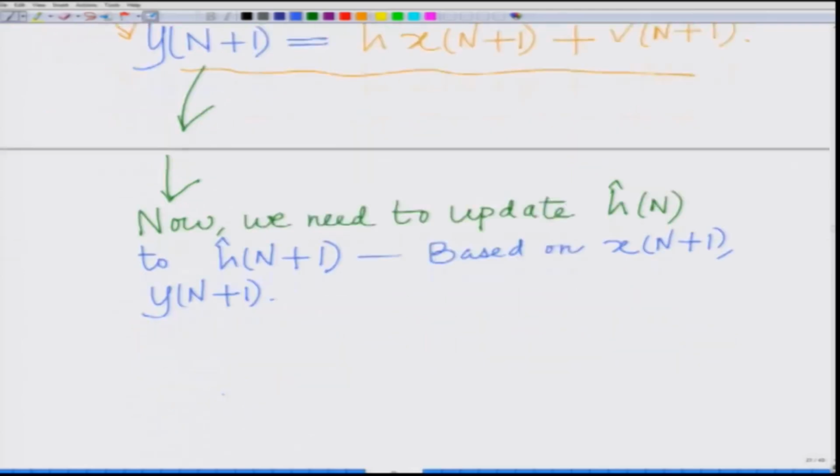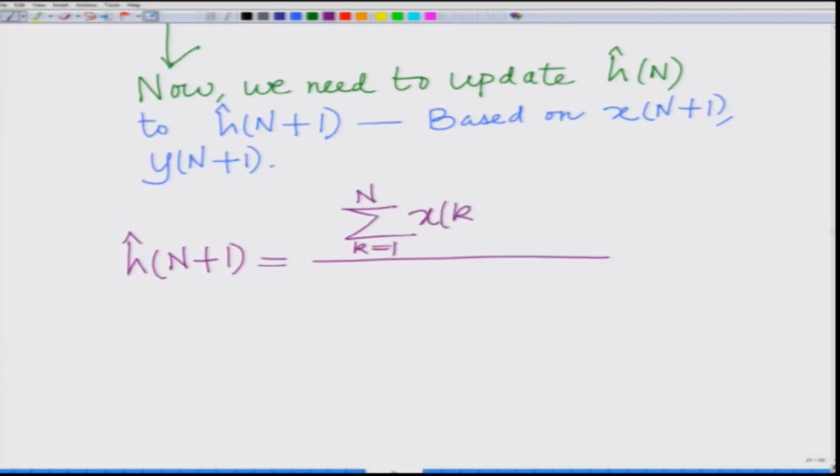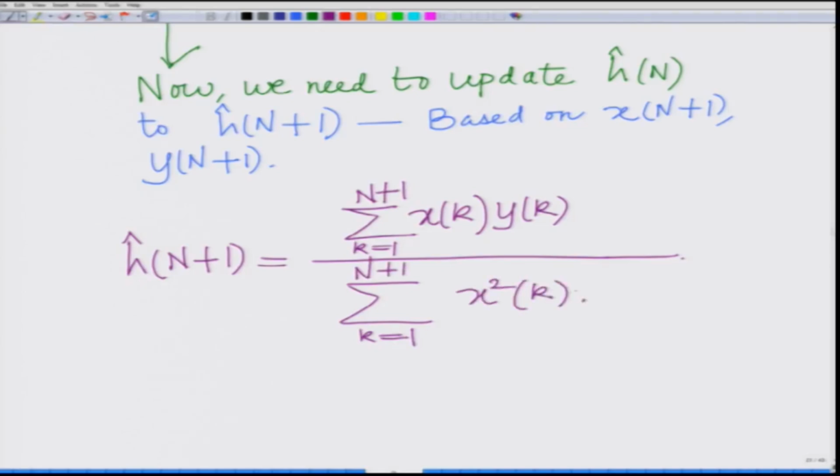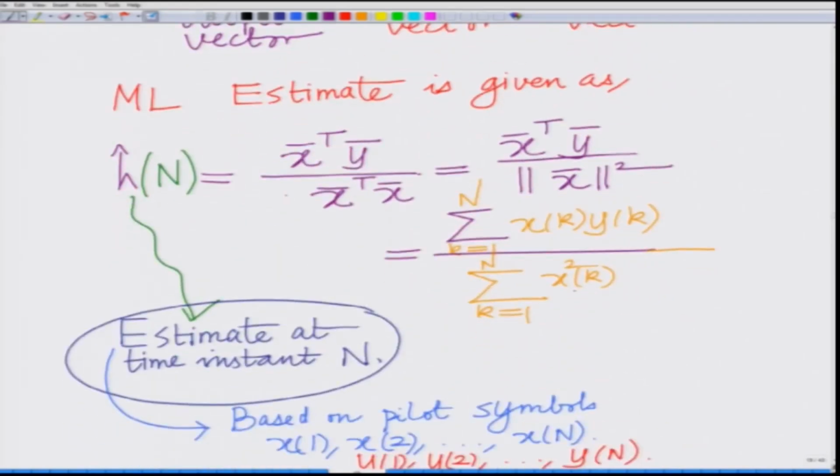Now you can see it is very simple that the pilot estimate at time instant n plus 1, let us first write it this way, h hat of n plus 1 equals summation k equal to 1 to n plus 1 of x of k times y of k, divided by summation k equal to 1 to n plus 1 of x square of k. This is very similar to what we have written at time instant n, where we have summation k equal to 1 to n of x of k y of k divided by summation k equal to 1 to n of x square of k.